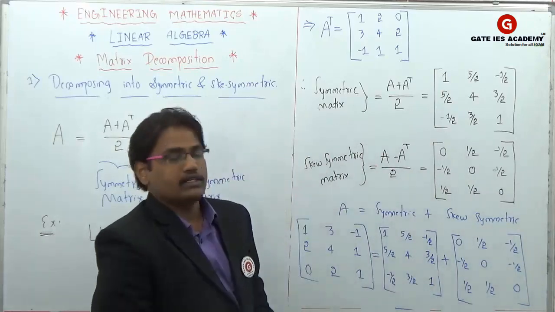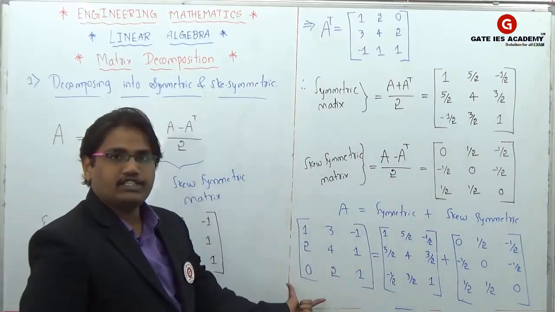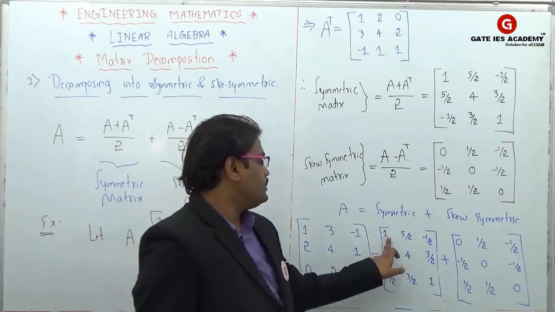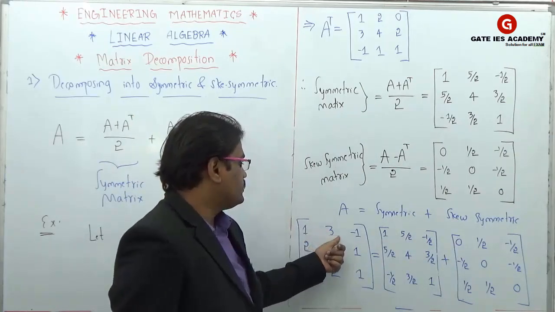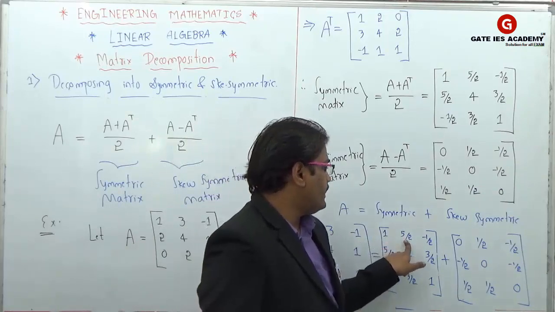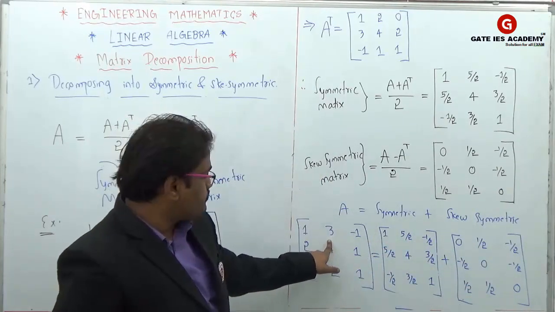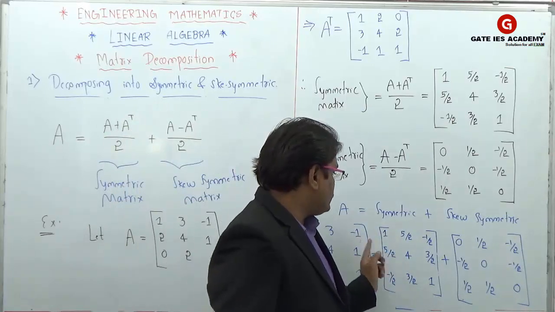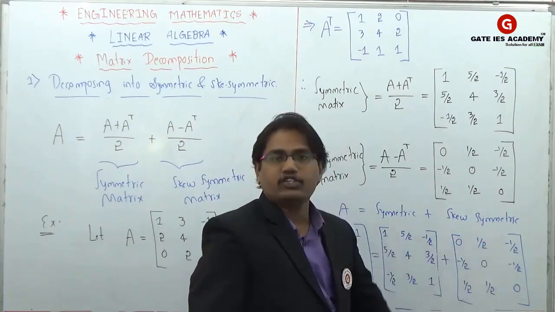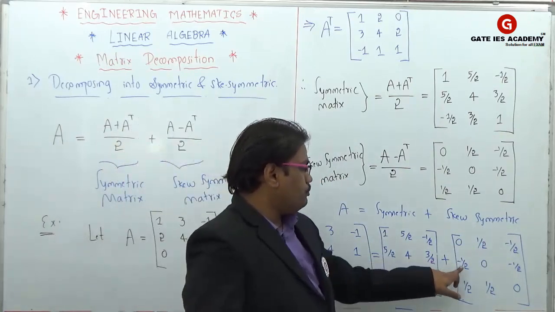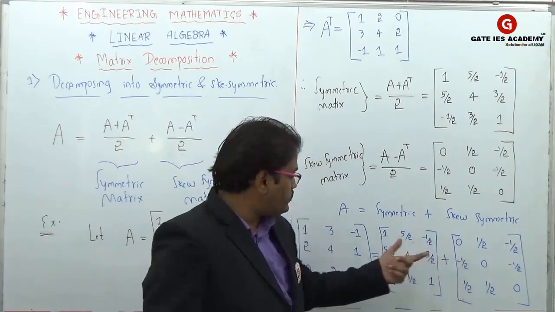So you can see the decomposition here. The matrix is decomposed as symmetric plus skew symmetric. If you add these two, 1 and 0 give 1. Here 3 is 5 by 2 plus 1 by 2. Minus 1 is minus 1 by 2 minus 1 by 2. And 2 is 5 by 2 minus 1 by 2, that is 4 by 2, which is 2.